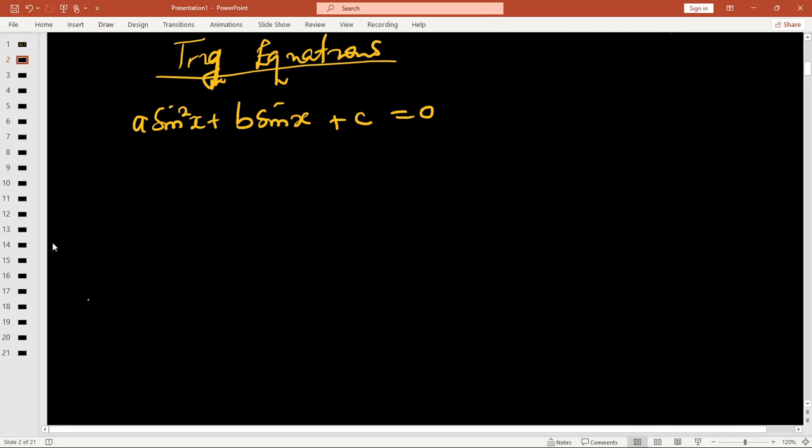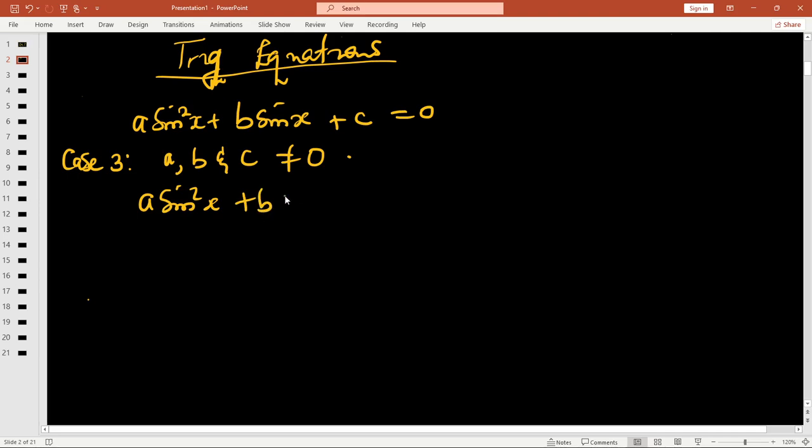Case number 3: there are instances where A, B, and C are all not equal to 0. So you're just going to have an equation the way it is here: A sine squared x plus B sine x plus C equal to 0.